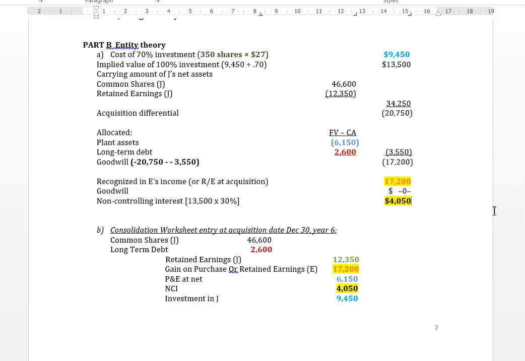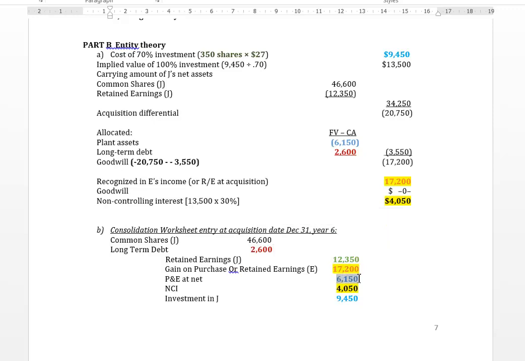So now if we do our worksheet entry at acquisition, acquisition date should be December 31st. Sorry about that. What will we see? We'll see again, we're eliminating the common shares and retained earnings of J, and again it's a credit because it is a deficit. We're debiting the long-term debt to show it at its fair value on the consolidated balance sheet.